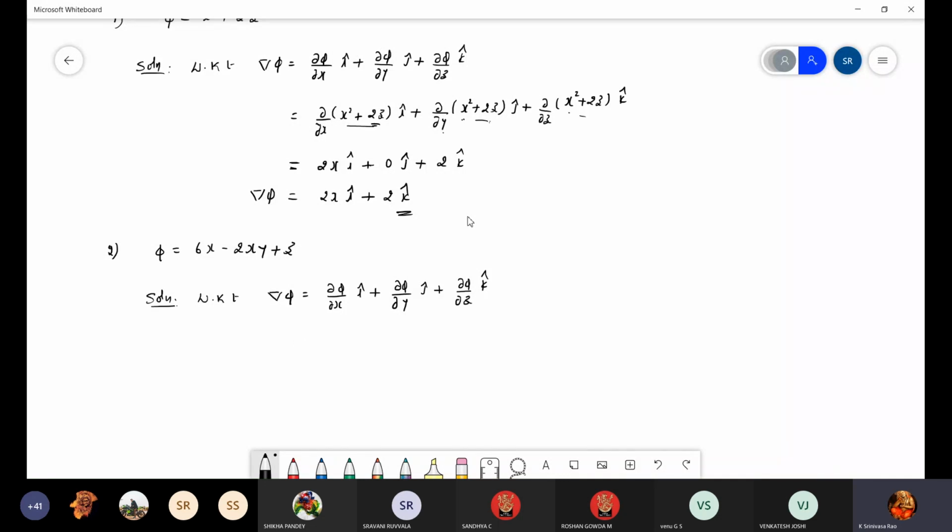So given phi equals 6x minus 2xy plus z. So directly you can write the answer.